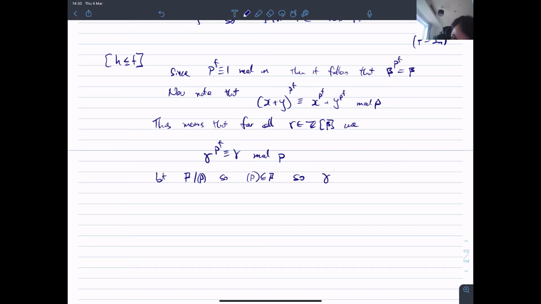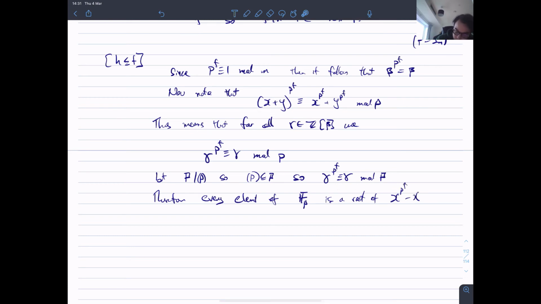So this is gamma mod my prime ideal. Therefore, every element of F_p satisfies, well, is a root of x to the p to the f minus x.